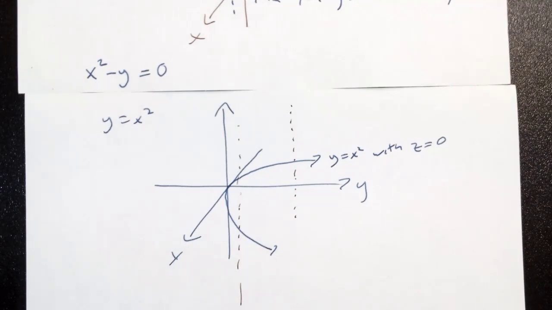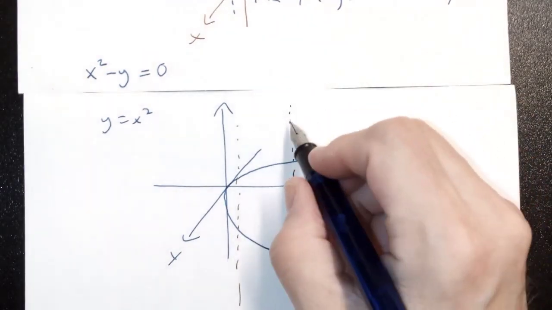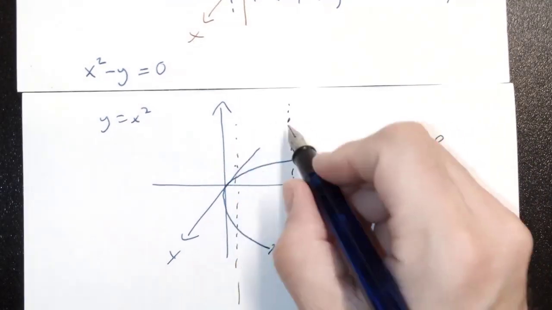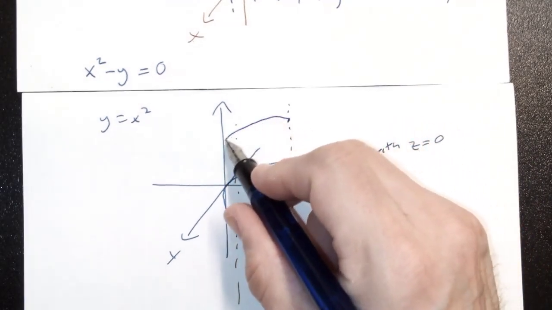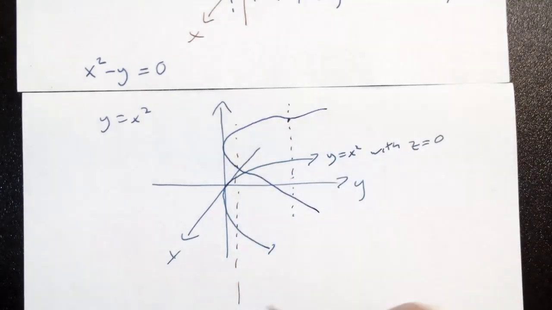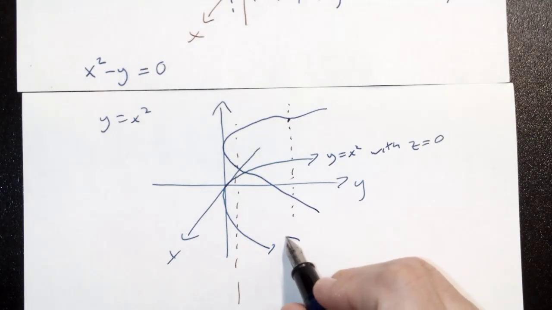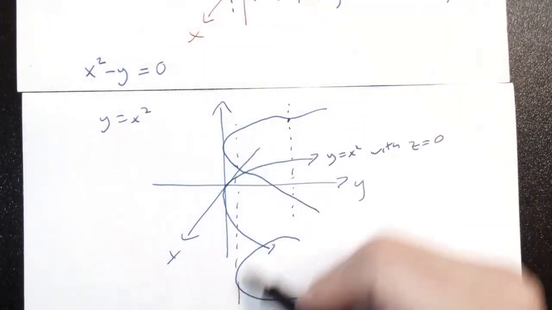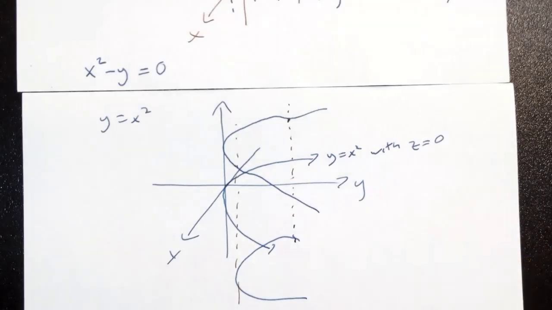So up here, somewhere, I should have a parabola again. And down here, again, I'm a lousy artist, but these should be connected up and down.